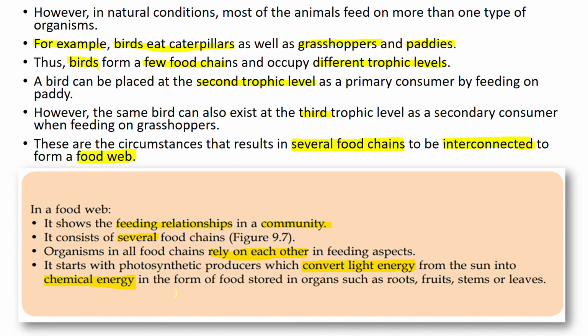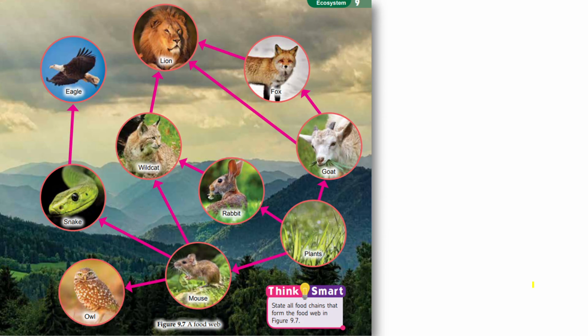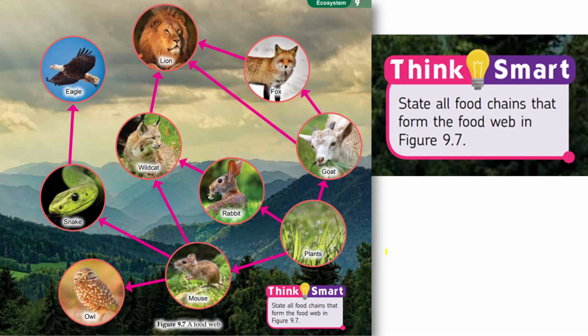It is in the form of food lah, that is being stored in the organs of the producers, organs like roots, fruit, stems, or leaves. All right. So this is an example of a food web. From here you can identify the several food chains that are interconnected with one another. So remember, it always starts with the producers, the green plants.